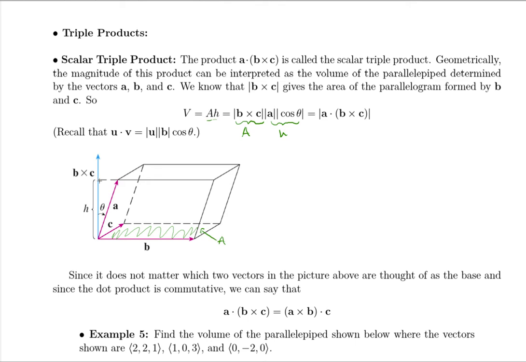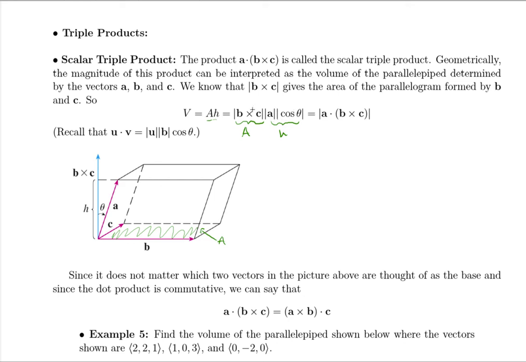So here's the height. Here's the vector A. So if I make this angle right here, okay, the angle between, and remember the cross product is going to stick up like this, right, B cross C. So the angle between the cross product and the vector A is theta. So the height then would have to be the magnitude of A times the cosine of theta, because it's this adjacent side here. All right, so that's why that's our height.